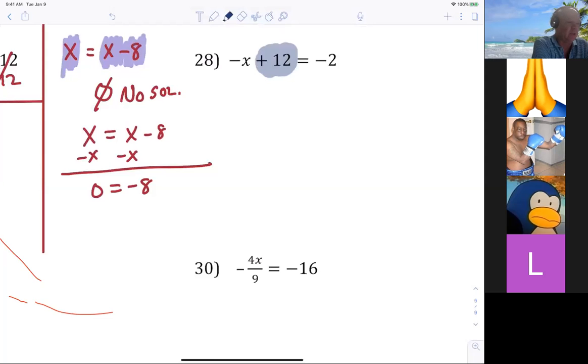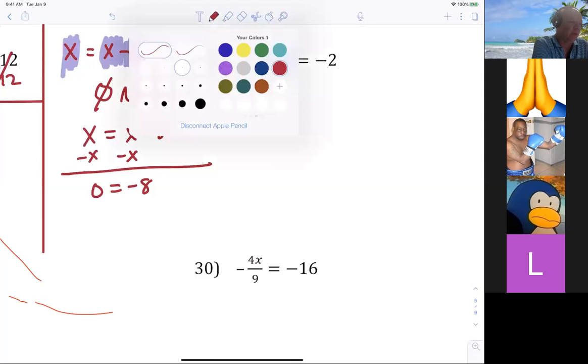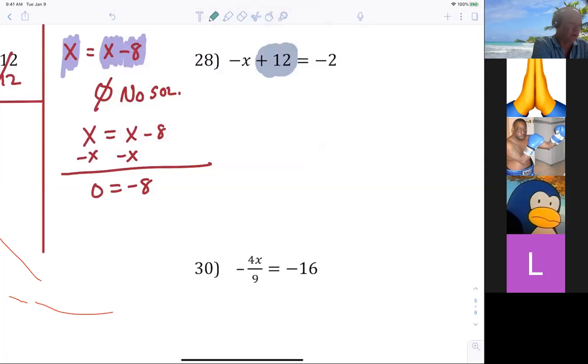No, not add the 12. What would you do? You would subtract it then, right, because you want it to cancel. So this would cancel. That would be subtracting 12. So then you would have negative x equals 14.